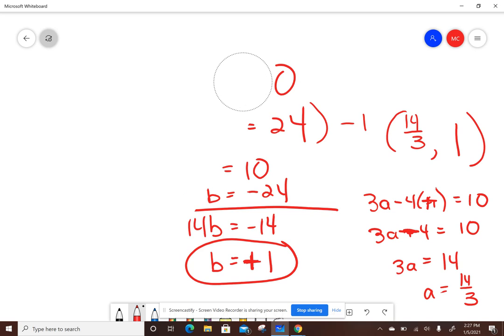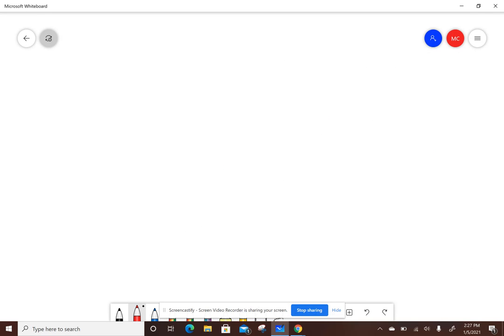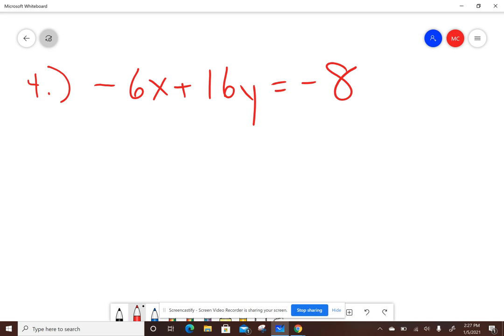Okay, so number 4, let's look at number 4. So we have negative 6x plus 16y equals negative 8. And 6x minus 42 equals 16y. Okay, so I first have to line up my variables because right now they're not lined up.